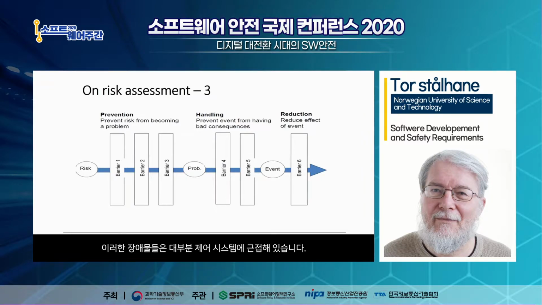The barriers closest to the risk are mostly in the control system, but the next sets of barriers might be related to installation, to training of people, and so on. We will have another look at that model. Please keep it in mind. We will have another look when we're talking about the military standard.